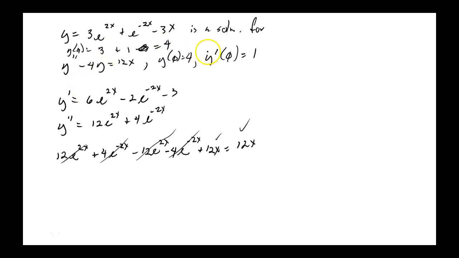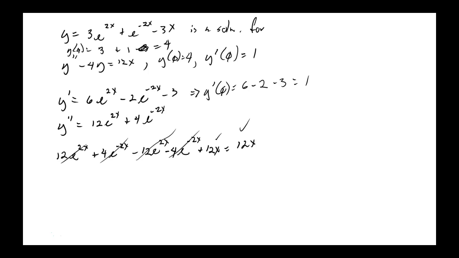Let's see, y prime at 0 will be 6 minus 2 minus 3, which is indeed equal to 1. And that checks too. So both the differential equation fits, it works, and the initial conditions work.